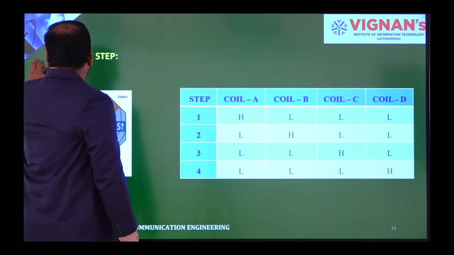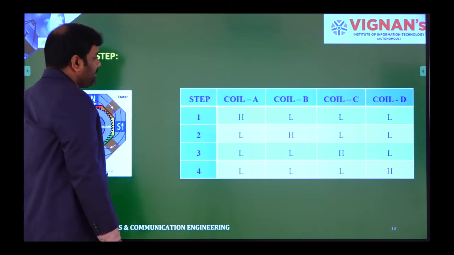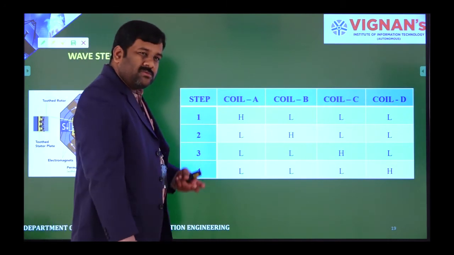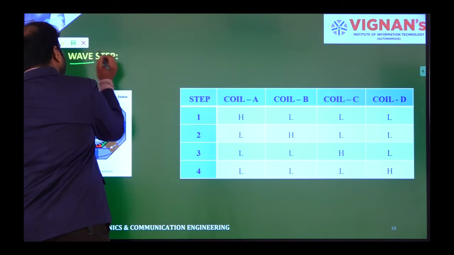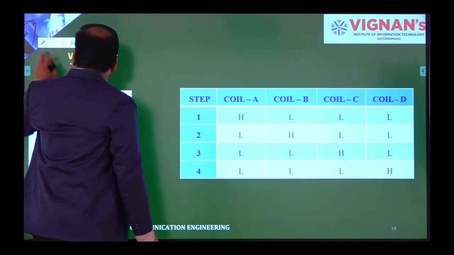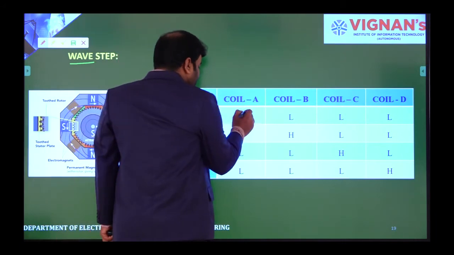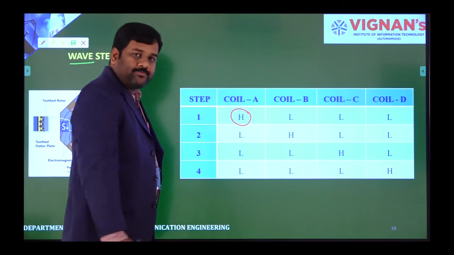The second one is wave step. Wave step means there will be a little bit of disturbance in between; the name wave indicates some disturbance. So let's have a look at this. Initially I am maintaining coil A in higher mode.